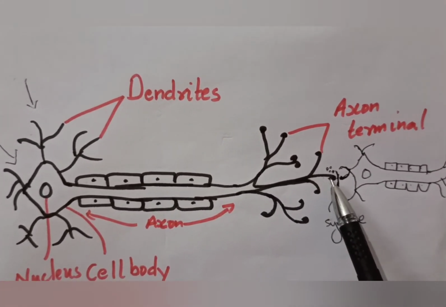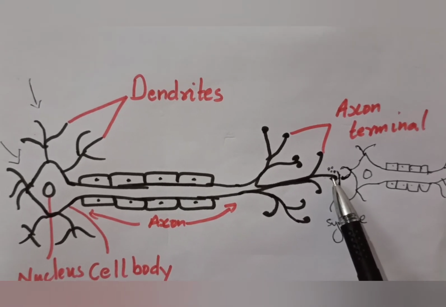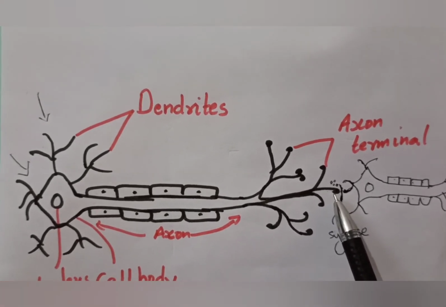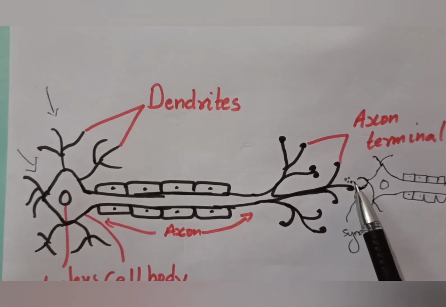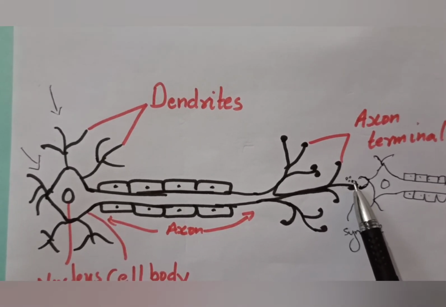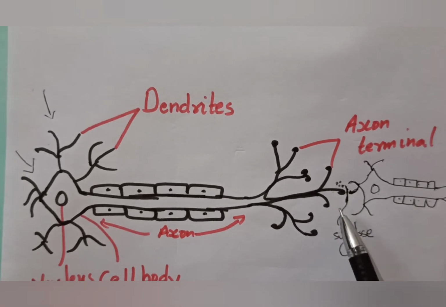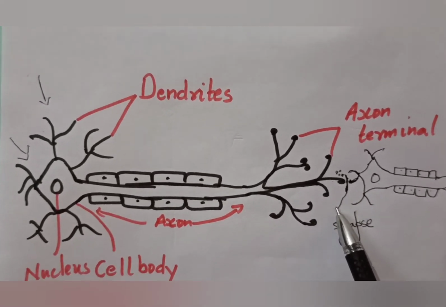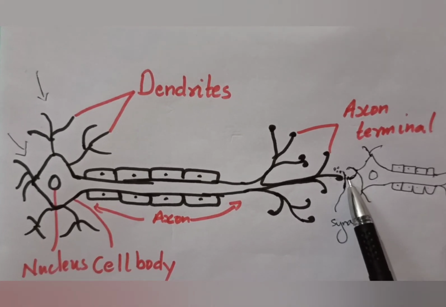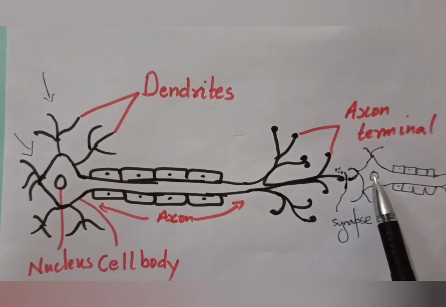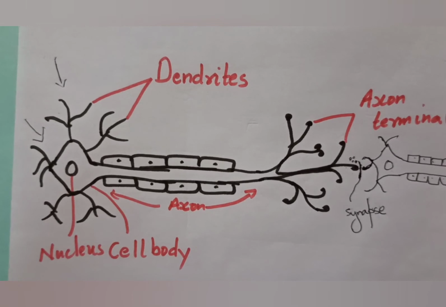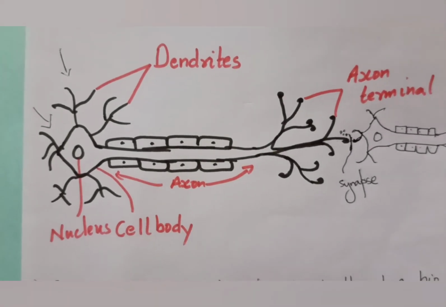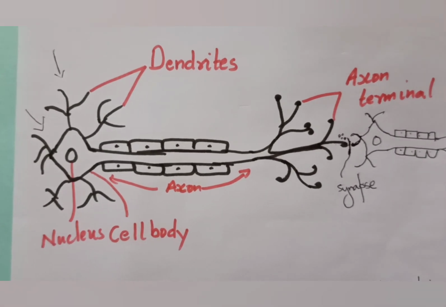At the axon terminals, these electrical impulses are converted to chemicals, and these chemicals cross the gap between the two neurons, which is known as synapse, and reach the dendrites of the next neuron. So this is the functioning of a biological neuron.